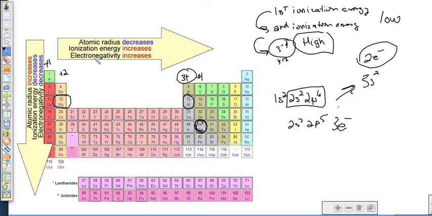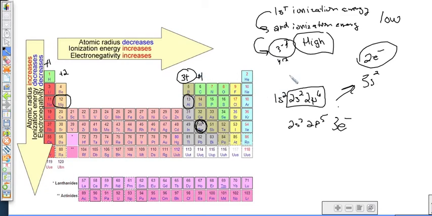And so that's how you decipher ionization energies, knowing how the periodic table works and how charges work, knowing how charges change the size of atoms and how charges affect ionization energies and electronegativities and all those kinds of things.